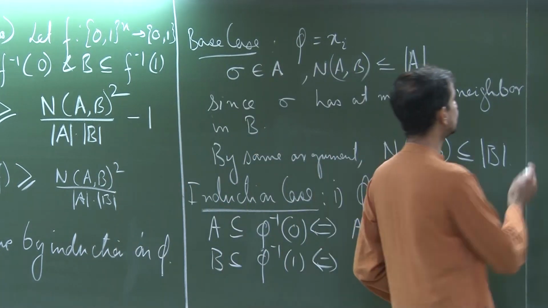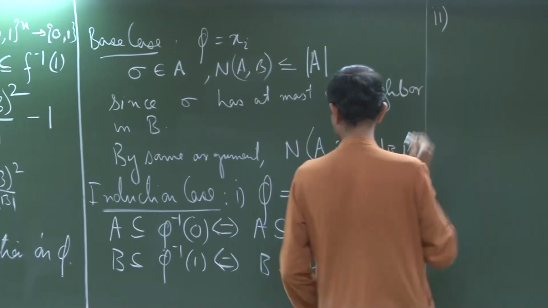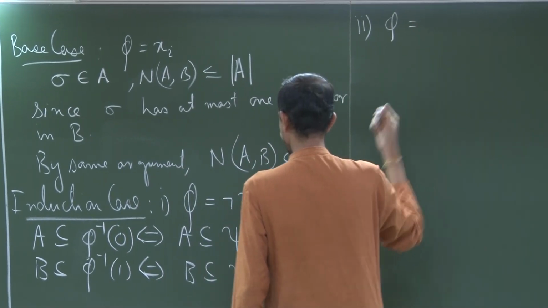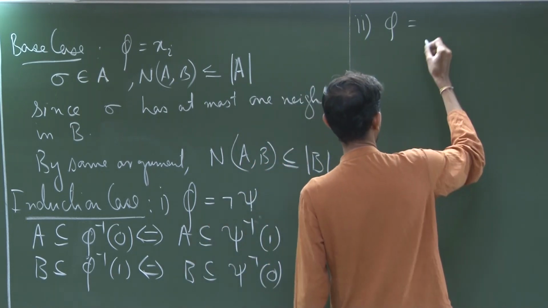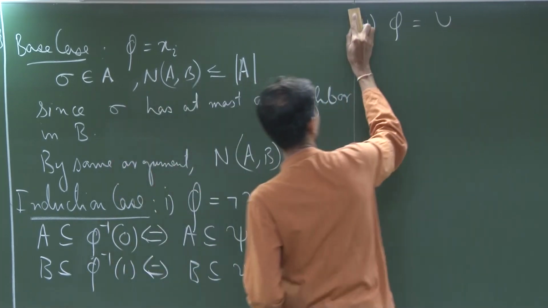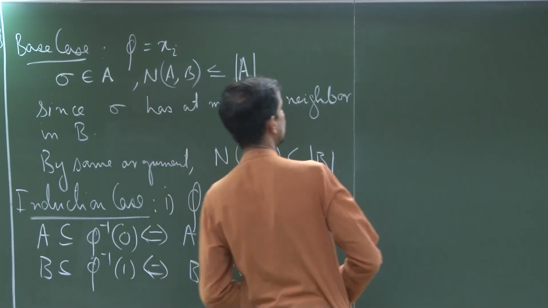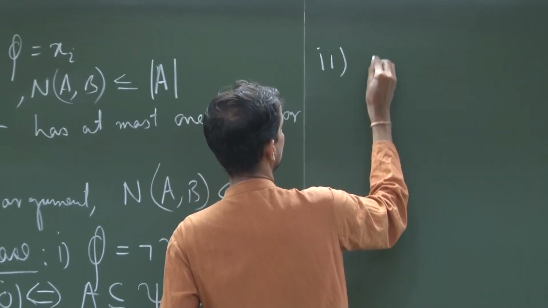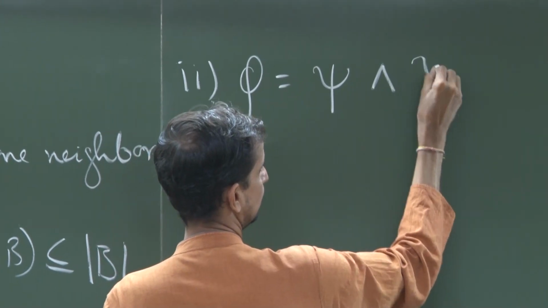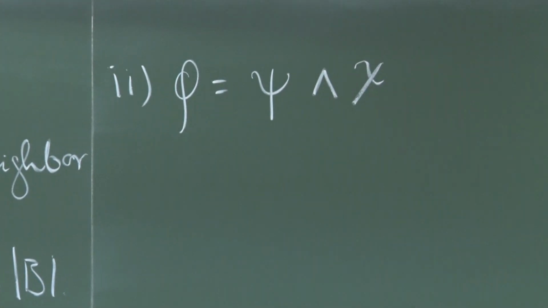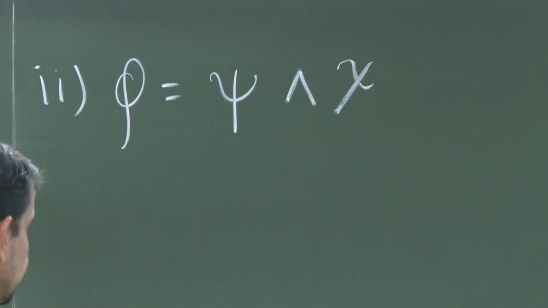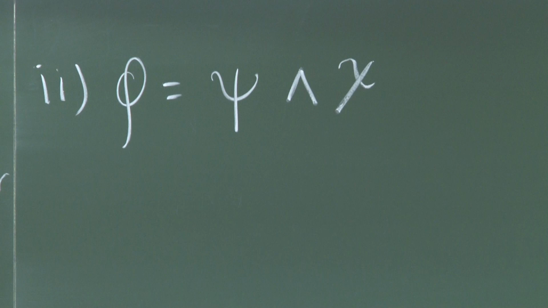Okay. Now, let us look at the more interesting case when phi is equal to and of something. Phi is equal to psi and some formula chi. Okay. So, if this is the case, let us try to rewrite this.